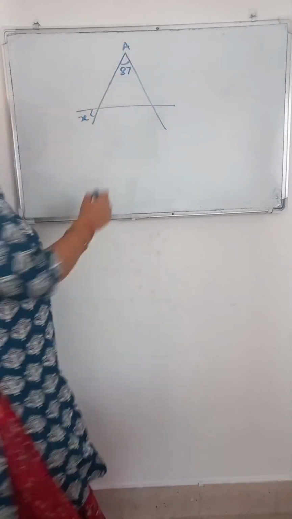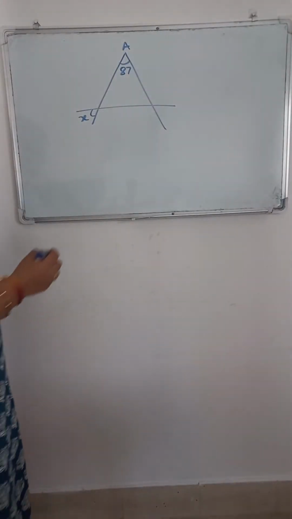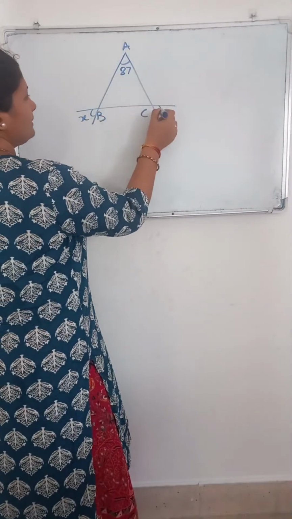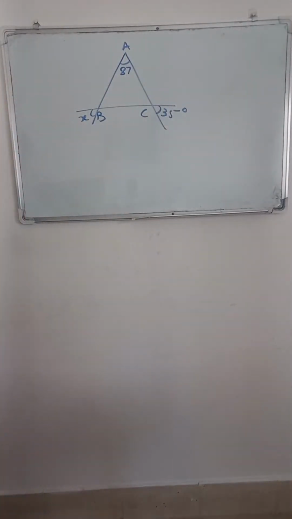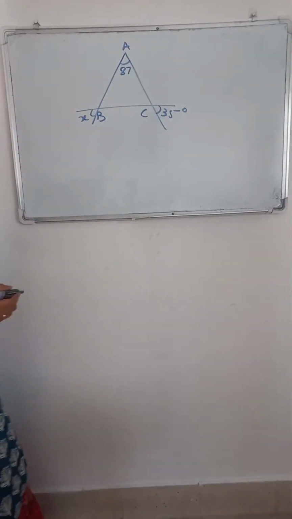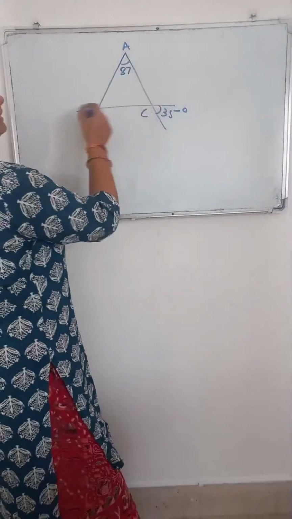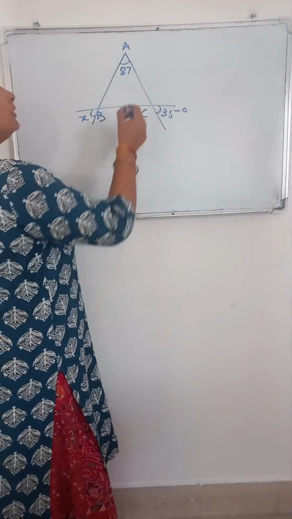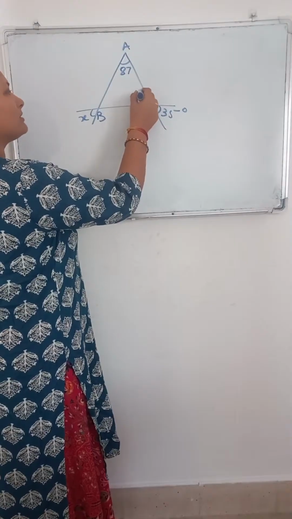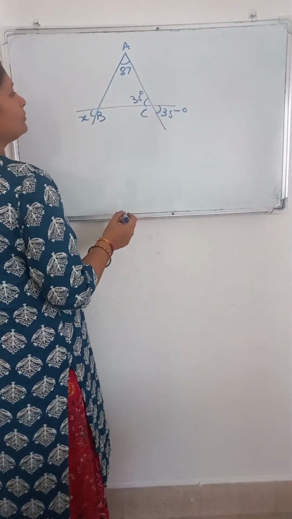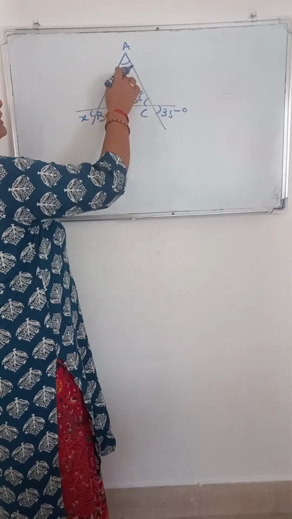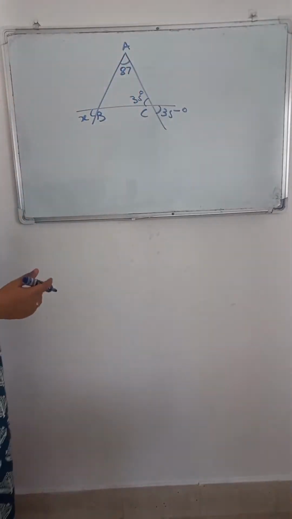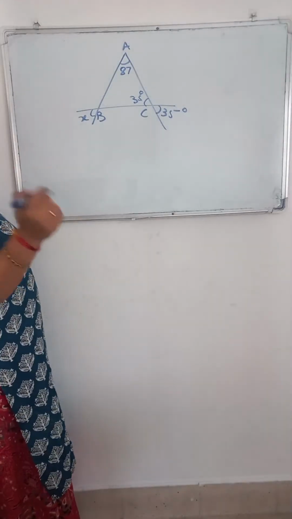This is A, B, and here C. This is given 35. We know that AC is intersecting with BC, so vertically opposite angles are always equal. So this is 35 and this is also 35. Angle A is given 87 and I want to find x.